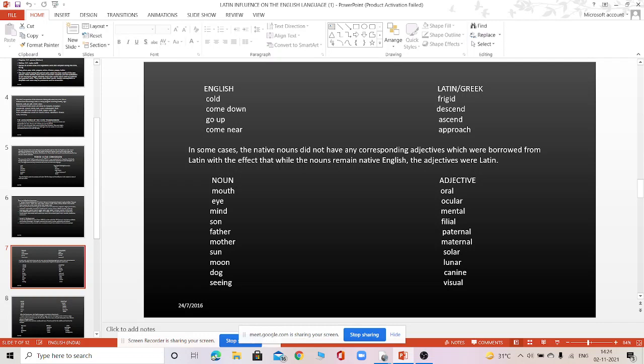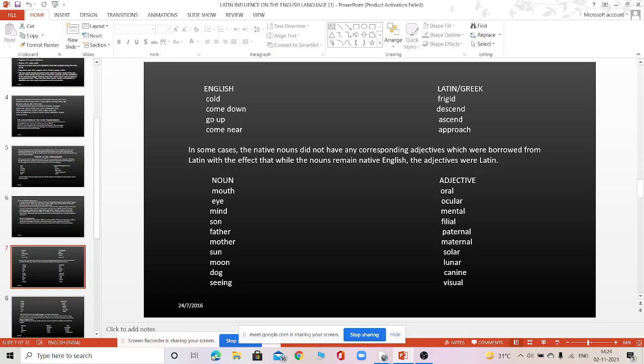Descend, it is come down, or coming down. Ascend, to go up. Approach, to come near. So the English words, as you can see, are much simpler, but words of Latin origin are a little more complex. The spelling also, as you can see.